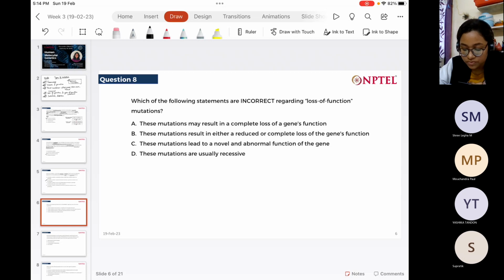These mutations lead to novel or abnormal function of the gene, and these mutations are usually recessive. So you have to identify which of these statements is incorrect when describing loss of function mutations. So what do you think will be the correct answer?